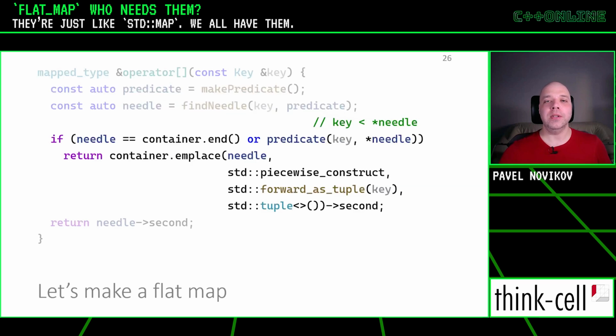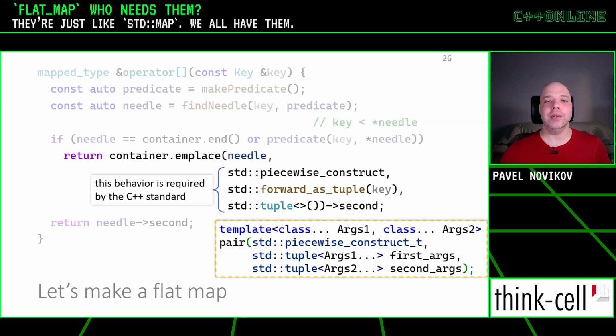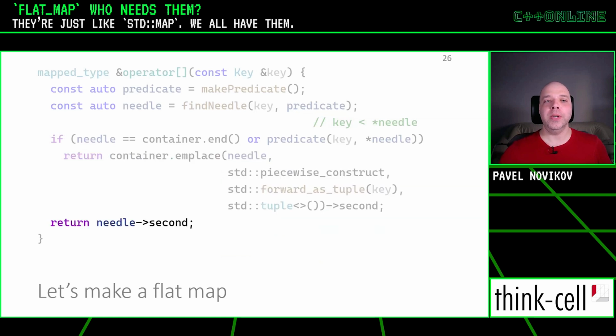If the element with the equivalent key is not found, we place the new value in this seemingly strange manner, because we want to adopt the behavior dictated by the standard for other containers, and we have to use the piecewise construct of the pair type that you can see at the bottom of the slide. Otherwise, if we found an already existing element with an equivalent key, we just return the value as a reference.